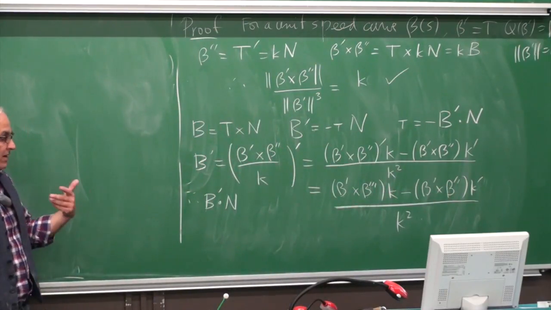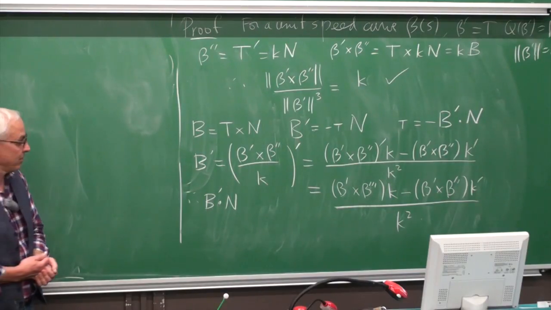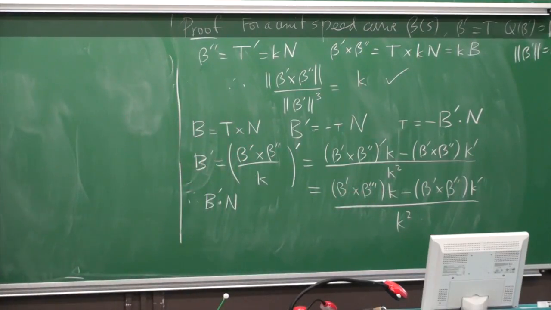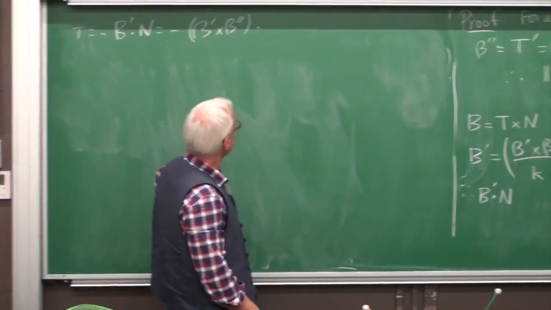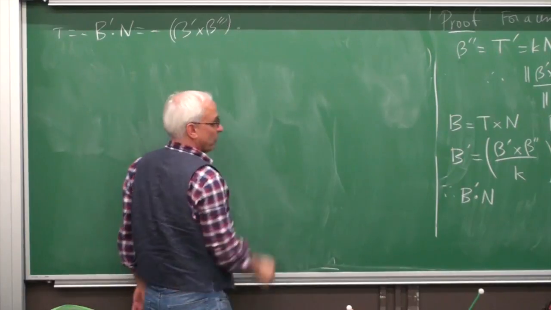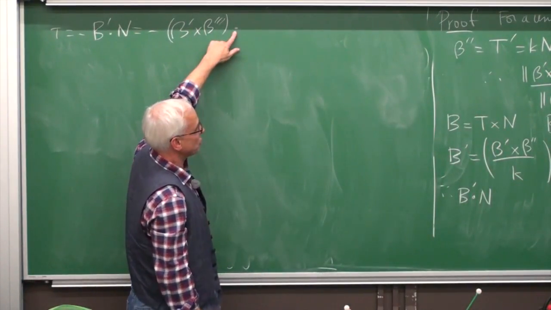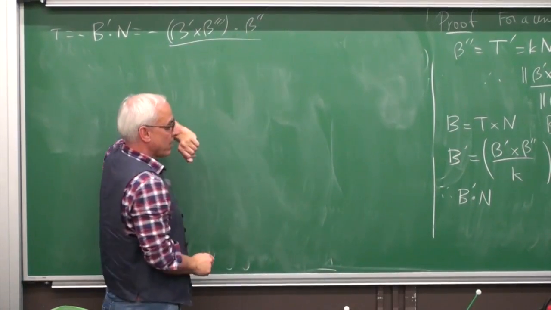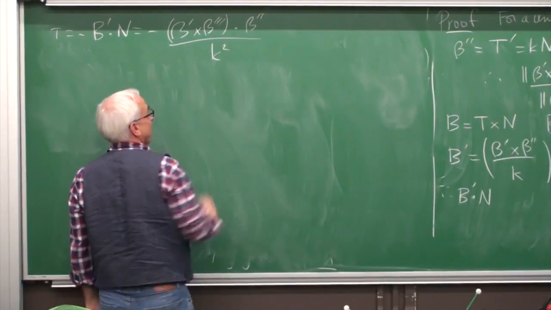So if I dot it with beta double prime, I get 0. I'm only going to get this first component, minus beta prime cross beta double prime, and I have to dot with n, which is beta double prime over k. But there was already a k on the bottom, so now there's a k squared on the bottom.